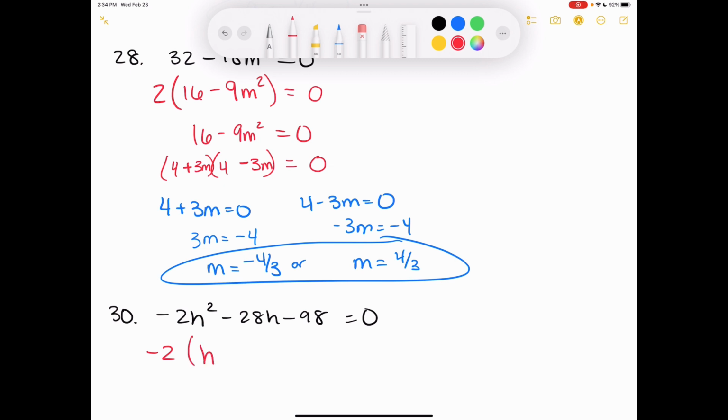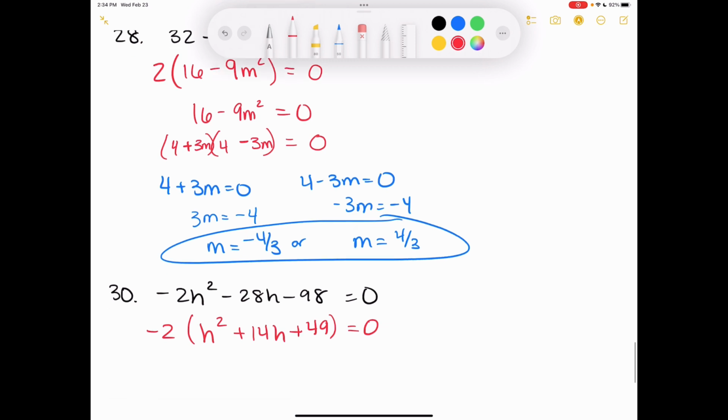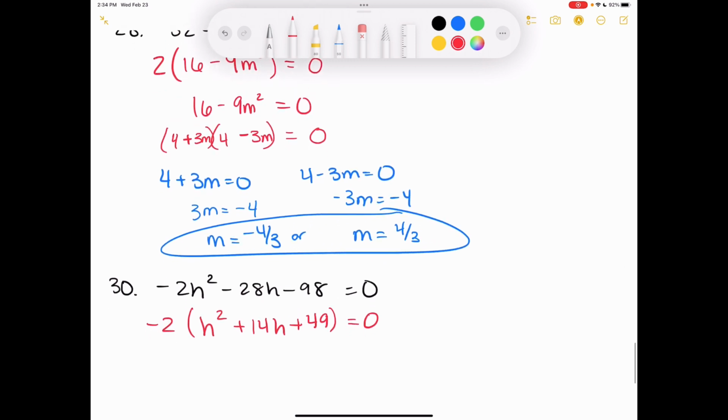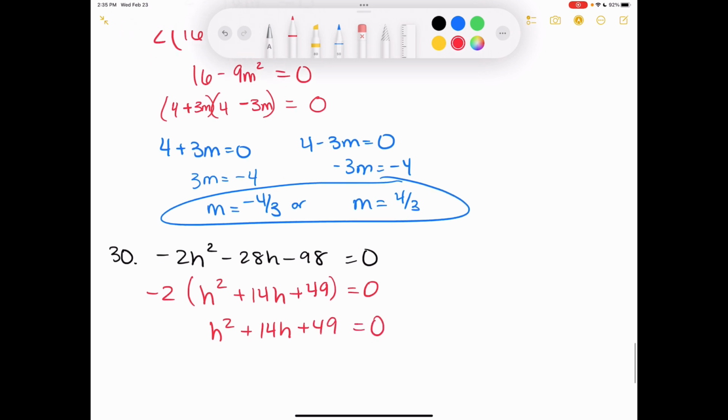That leaves me with h squared plus 14h plus 49. Just like the one above, if I have all this stuff and I have this out here, I can divide it and get rid of it. So h squared plus 14h plus 49 equals 0.